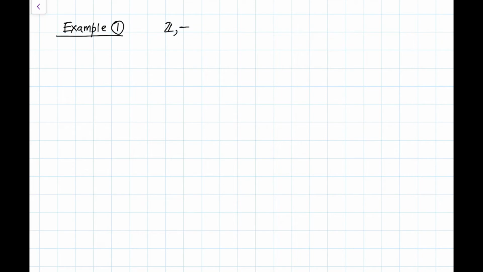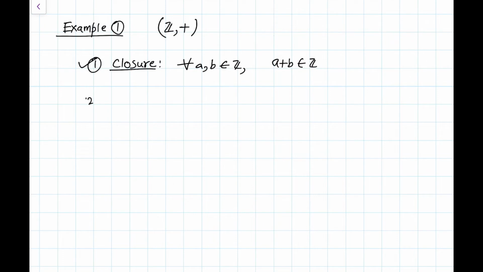Again we take integers under addition. First we check closure. We know for any 2 elements a, b in integers, a plus b will also be an integer. So closure property is satisfied.